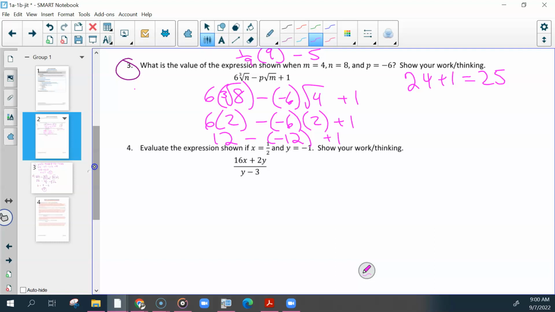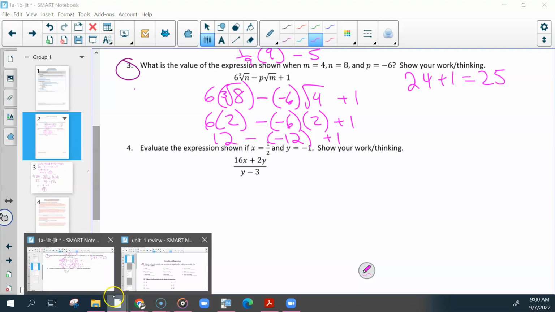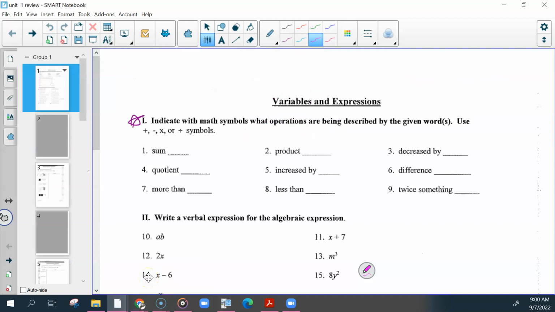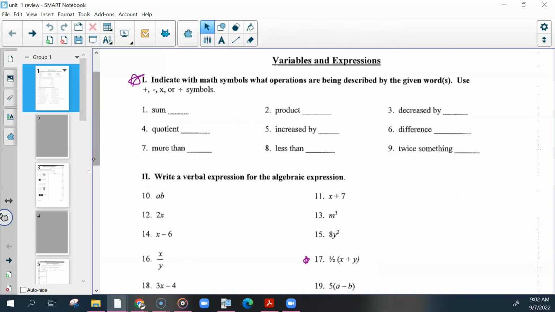I believe I have extra copies of the review in the dark blue crate in the Unit 1 folder if you need it. But take out your review. We're going to go over whatever questions you want to go over. Does anyone need an extra copy of that? Okay.